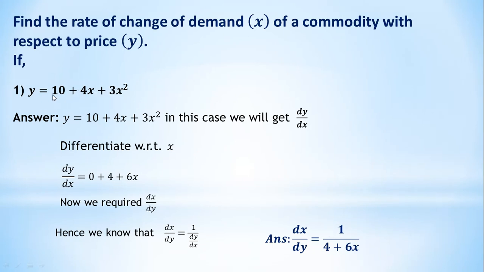Okay, given function is y is equal to 10 plus 4x plus 3x square, and the derivative of its inverse is 1 upon 4 plus 6x, by the meaning of rate of change of x with respect to y. Okay, so this is the first example from your exercise.